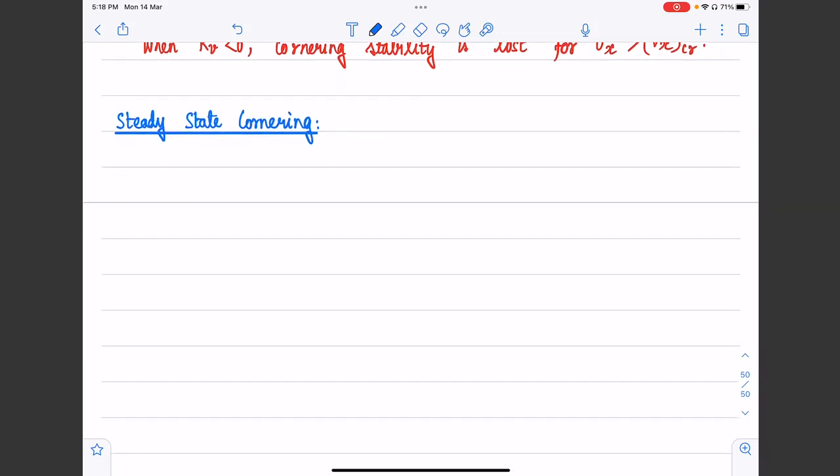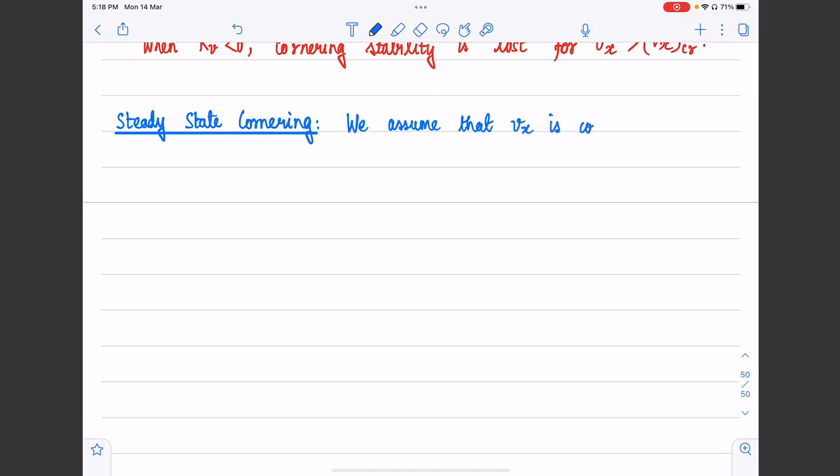So what is done in steady state cornering? Once again, we assume Vx is constant. Anyway, that assumption was done even before, when we did the linear bicycle model analysis.